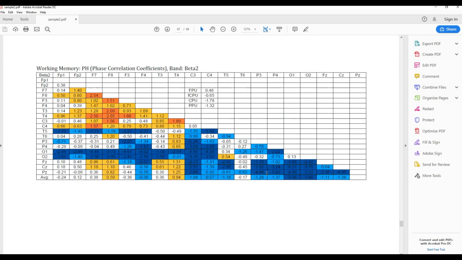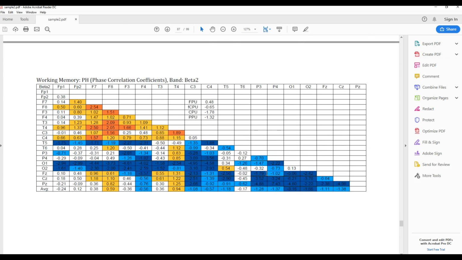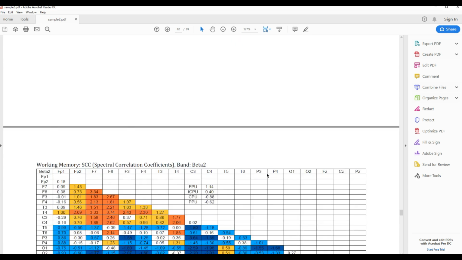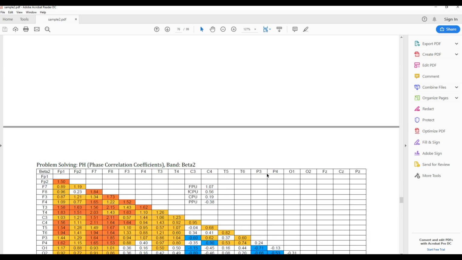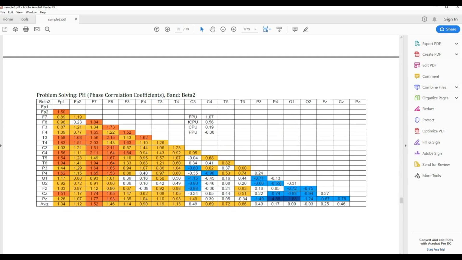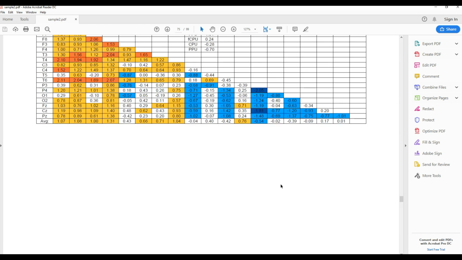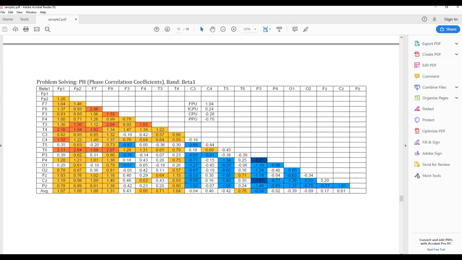So now let's take a look at a particular task. We'll go to problem solving. Here we have problem solving phase, showing a lot of strength except in the posterior locations, it looks like. And then we go to beta 1, and again the posterior relationships show some weaknesses, particularly at C3.